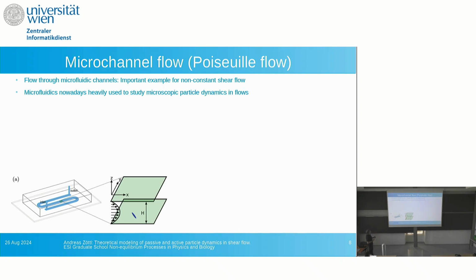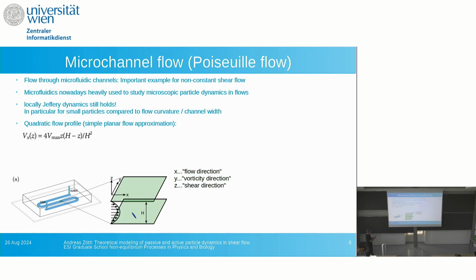And if you put now a small particle somewhere here, it still rotates with the same equations of motion, with a rotation rate which is related to the shear rate the particle has at its center position, its center of friction. So even if you have a quadratic profile, you can calculate the local, z-dependent shear rate, which changes linearly with z.